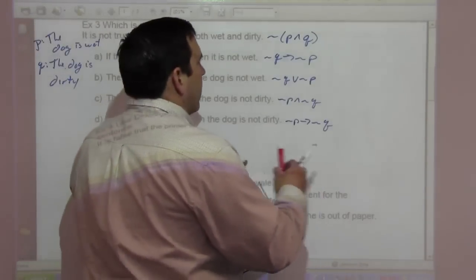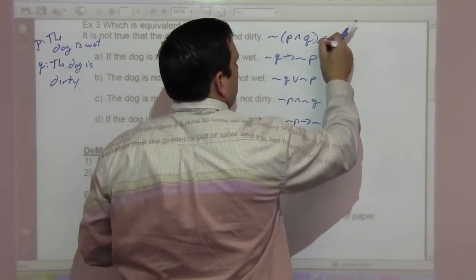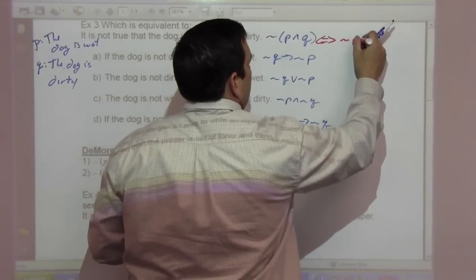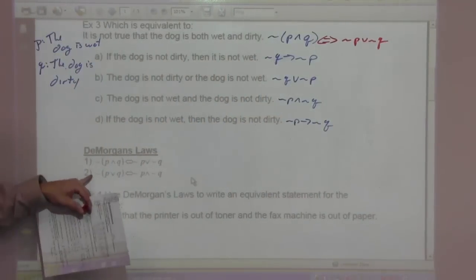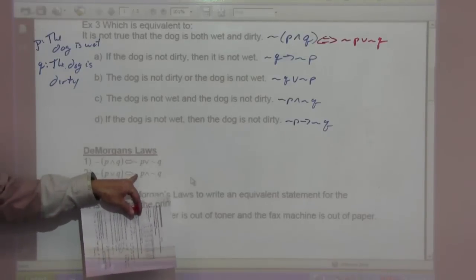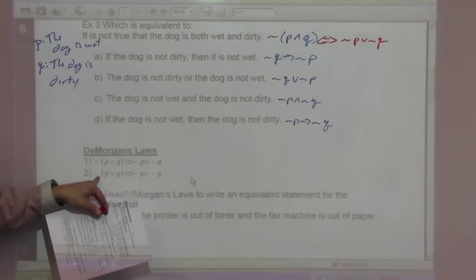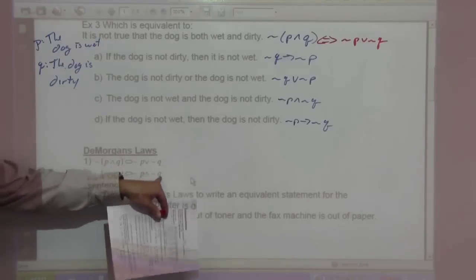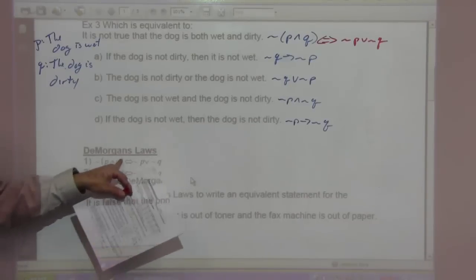So by De Morgan's laws, this would be equivalent to the negation of P or the negation of Q. And likewise, the negation of an or, P or Q, would be the negation of P and the negation of Q. When you distribute the negation through, each statement gets the negation, and the or becomes an and, the and becomes an or.